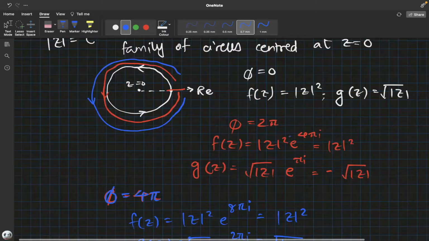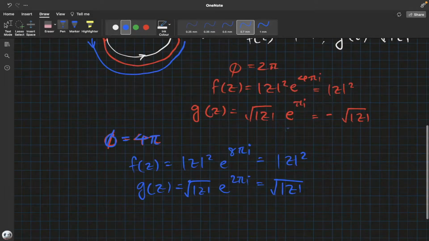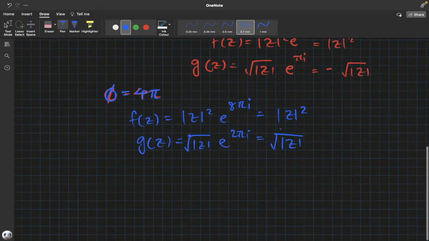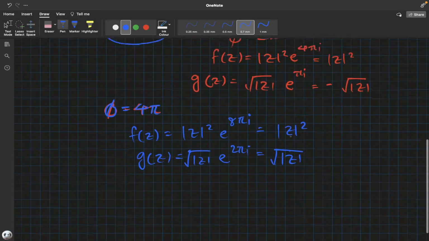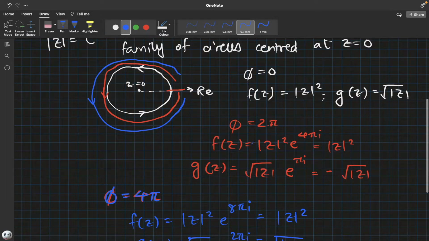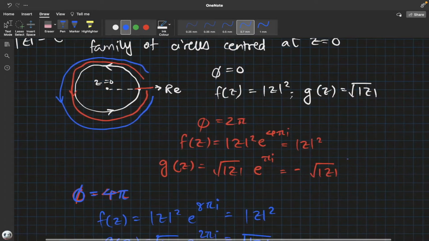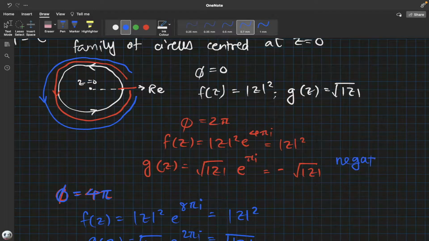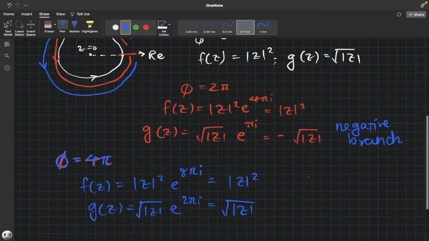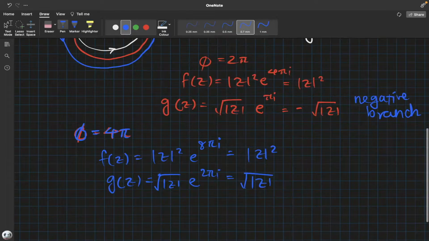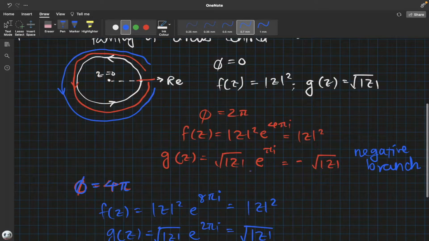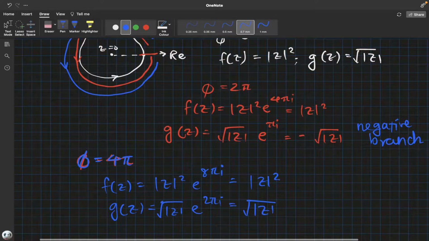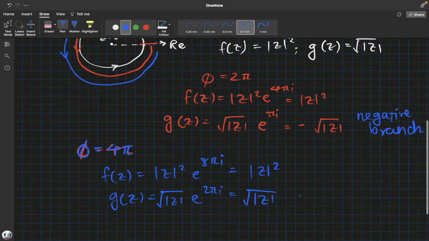So there's something really funny going on here. g of z changed the sign so that after one rotation, f of z does not change. For g of z, we have to consider the negative branch. And then another rotation where f of z is unchanged throughout all these rotations. g of z, we have to consider the positive branch again.